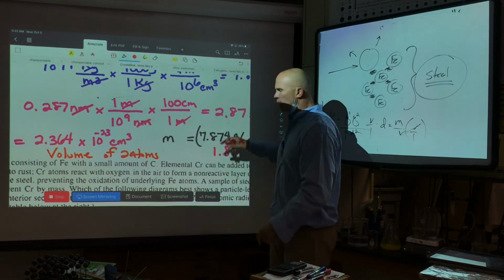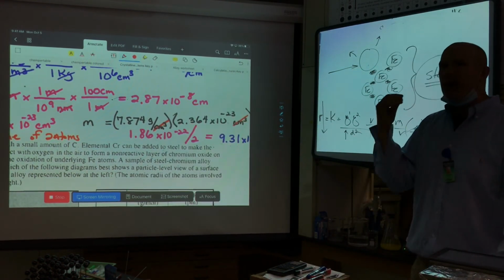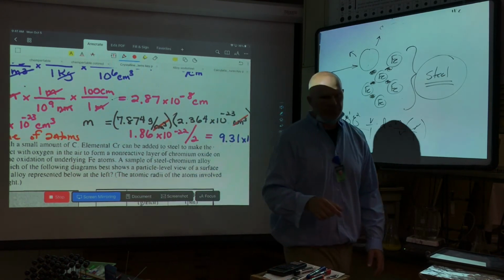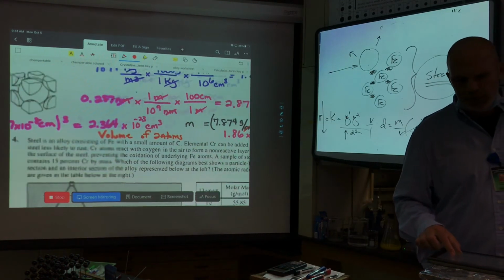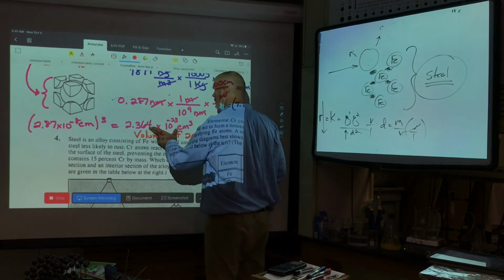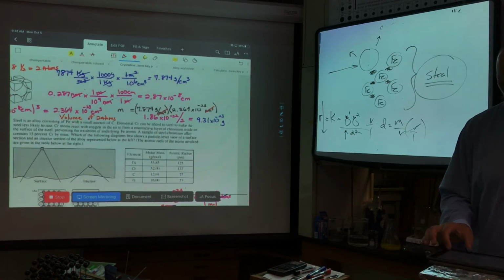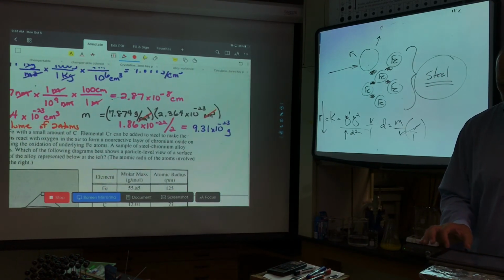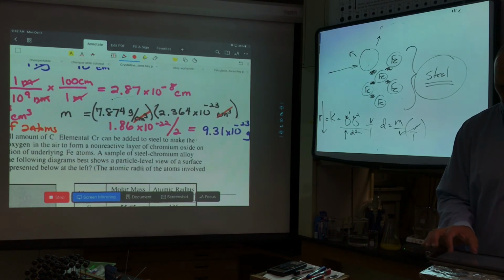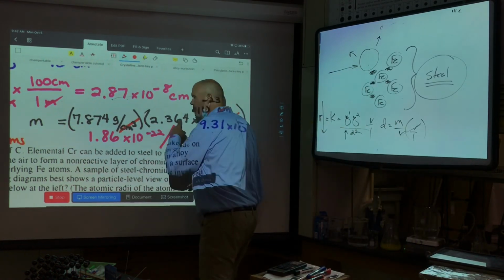Some people can go right to it. Okay, it's fine. So I get 2.87 times 10 to the negative 8 centimeters, but I want a volume. So I'm going to cube that. And when I cube that, that's my volume. So mass is equal to density times volume.